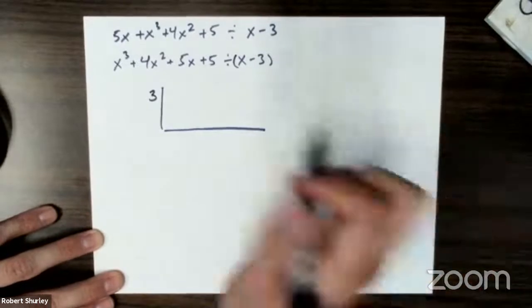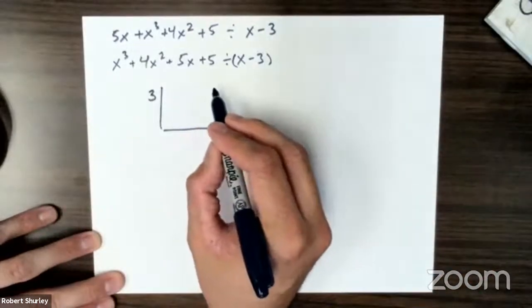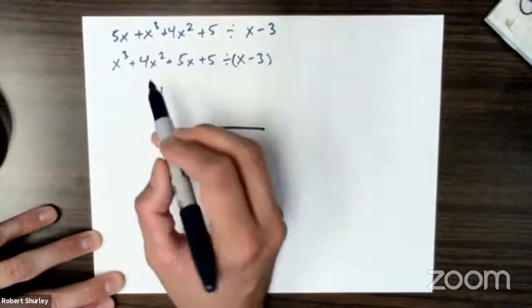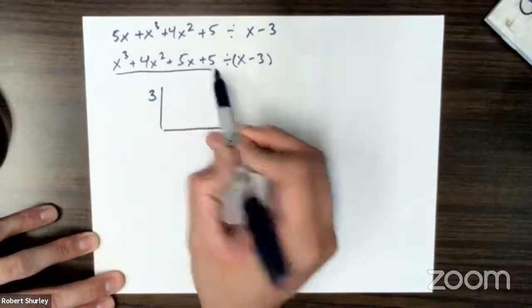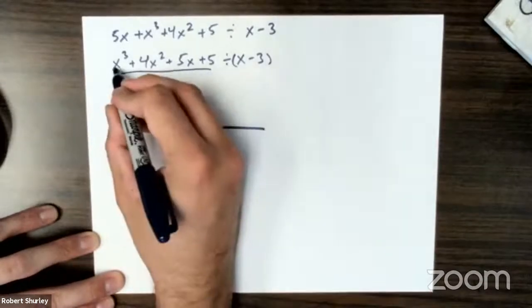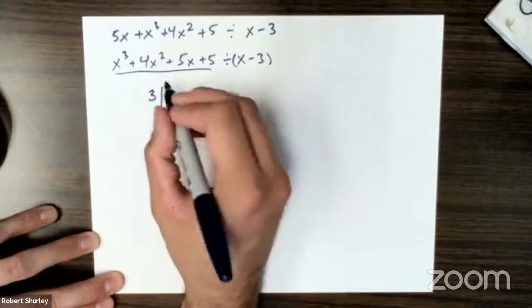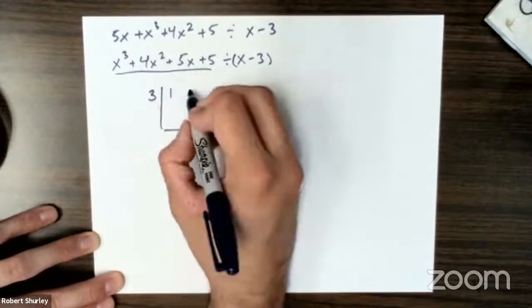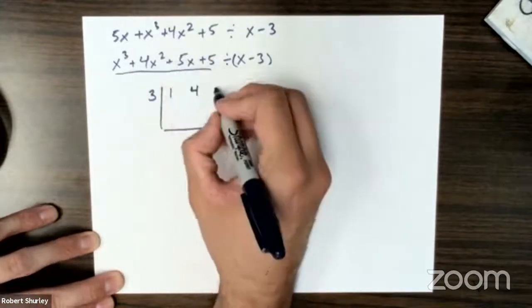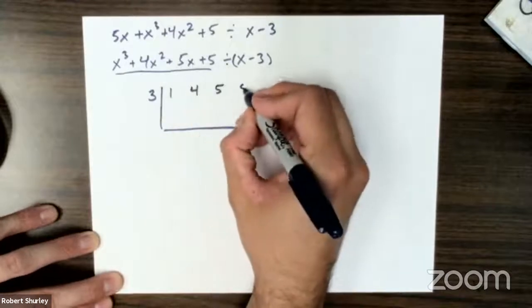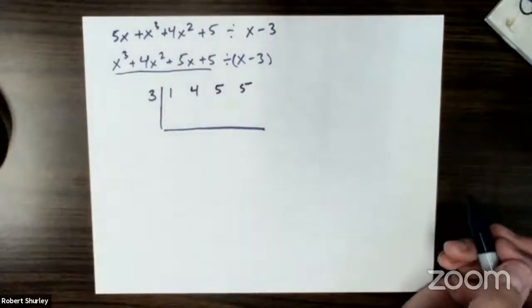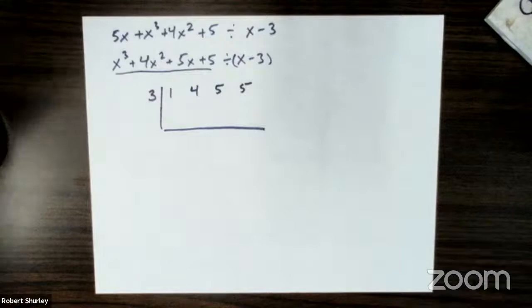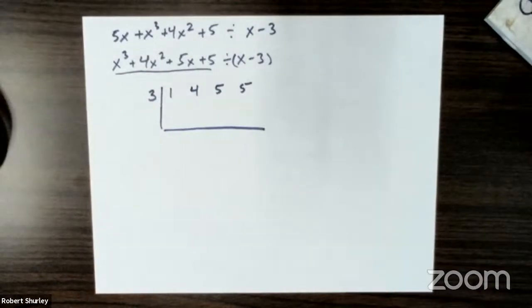And then I'm going to write the coefficients of the dividend descendingly. So 1x cubed. Notice there's no x's here, it's just 1. 4x squared, 5x, and 5. Okay, so we have set up synthetic division correctly, I think. Yeah, we have. Looks right.